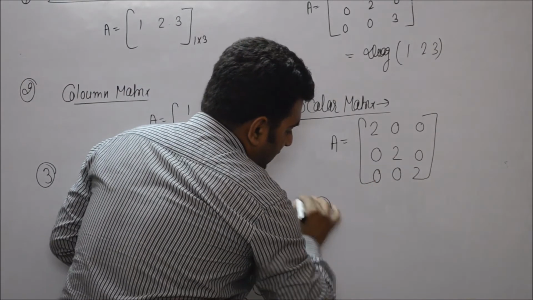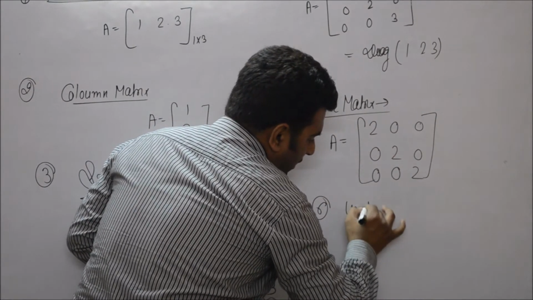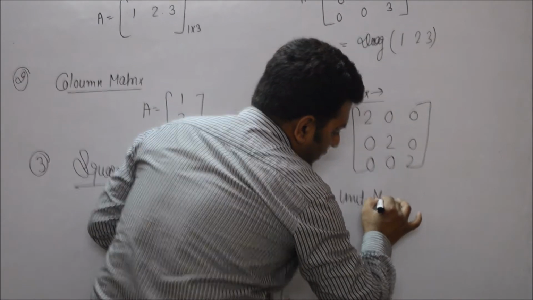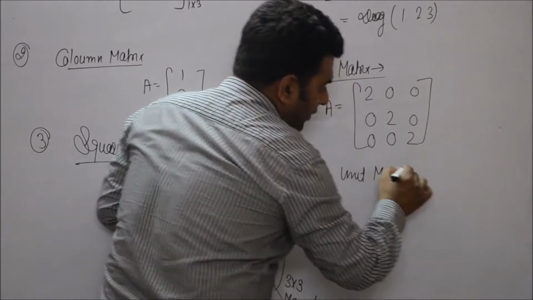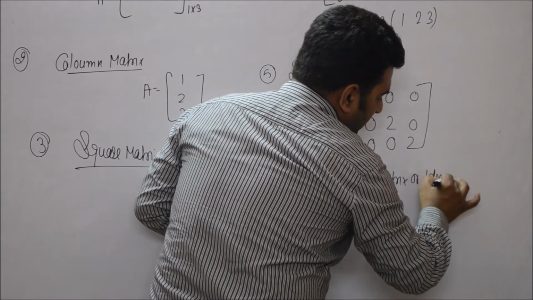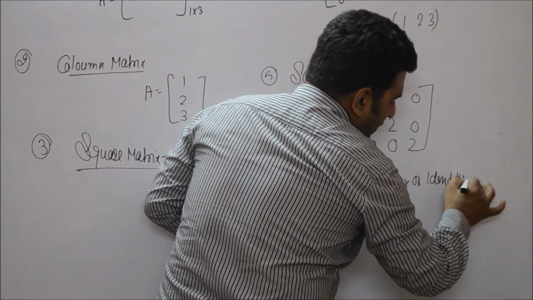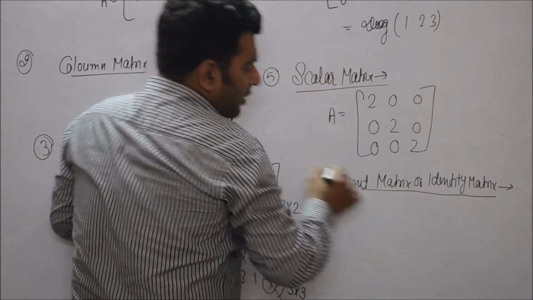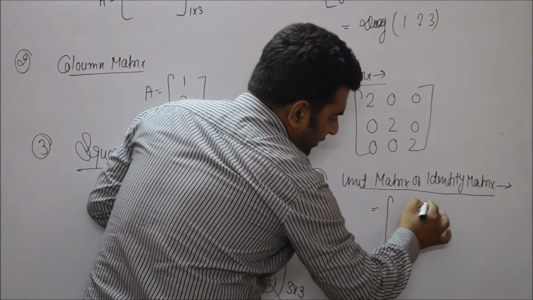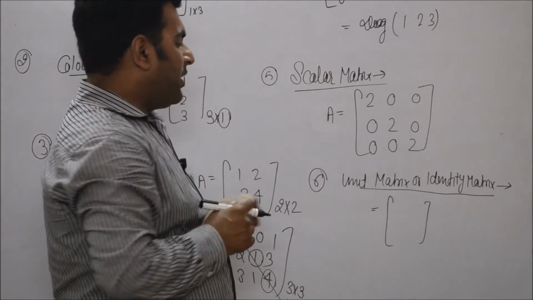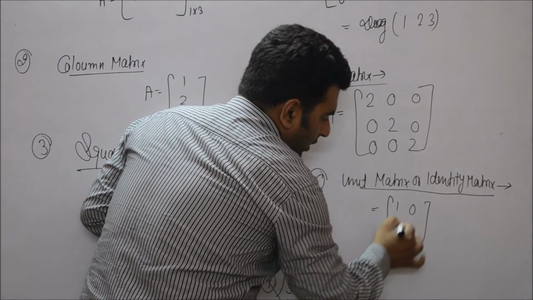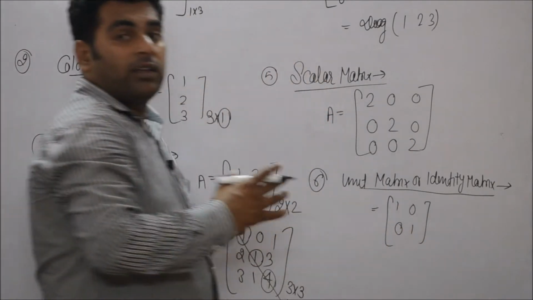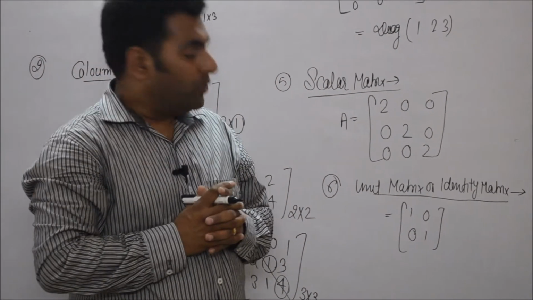Sixth is very important. It is called the unit matrix, or we say the identity matrix. An identity matrix is a square matrix in which the main diagonal positions are 1 and all other elements are 0.